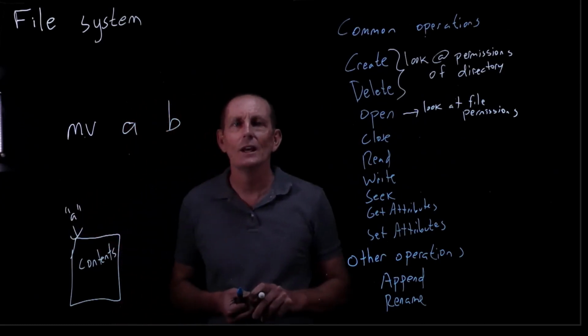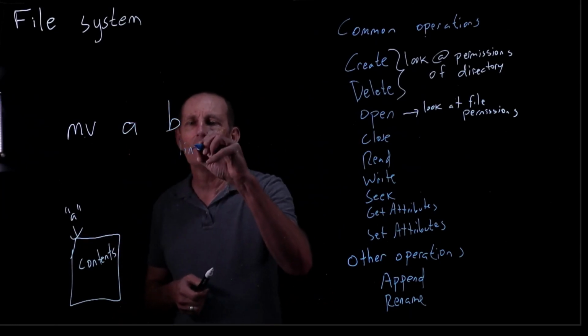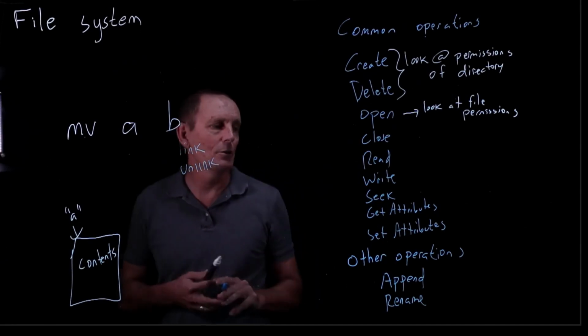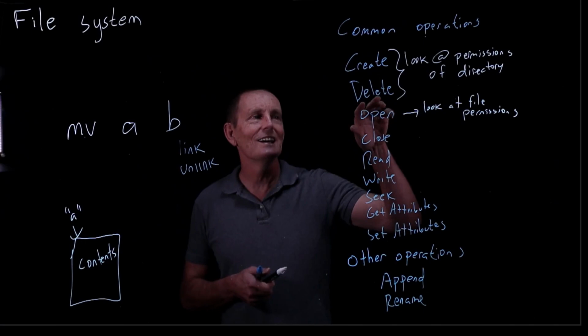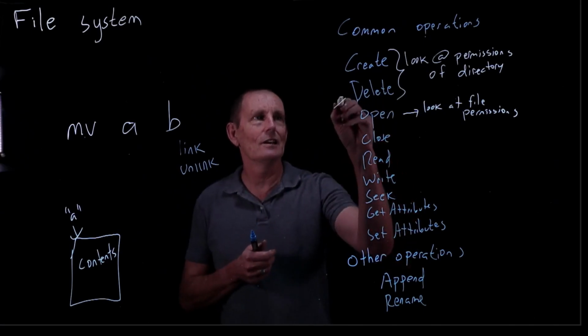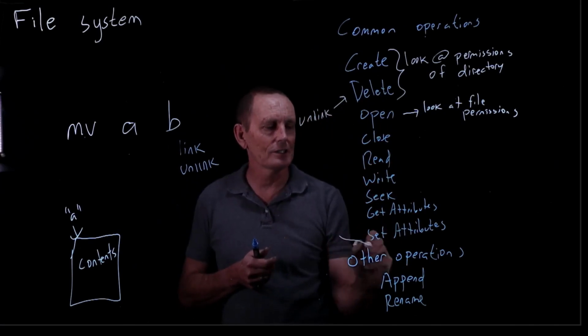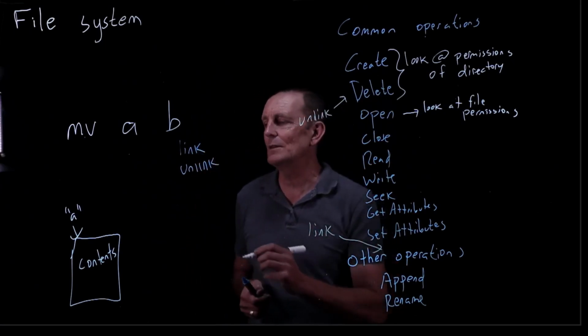It's named A. Well, what we do is we link and unlink. So perhaps I should put on here a common operation of link and unlink. So delete on Unix is actually unlink. And on Unix, we also have a link command. So we would actually link A and B.